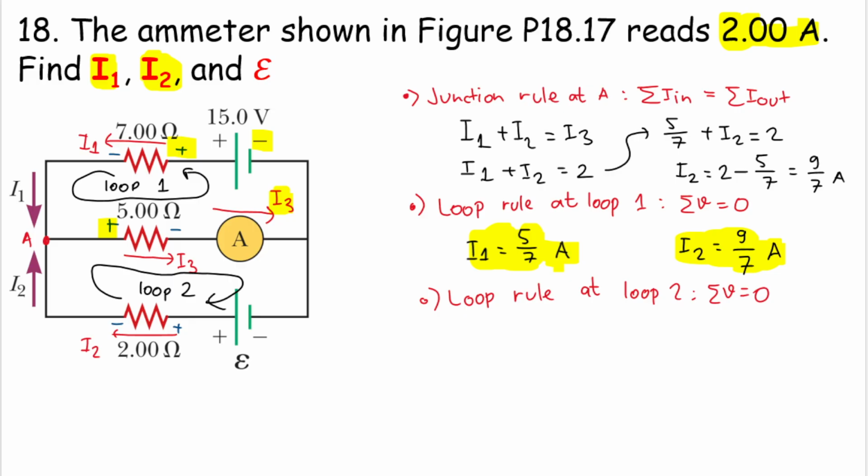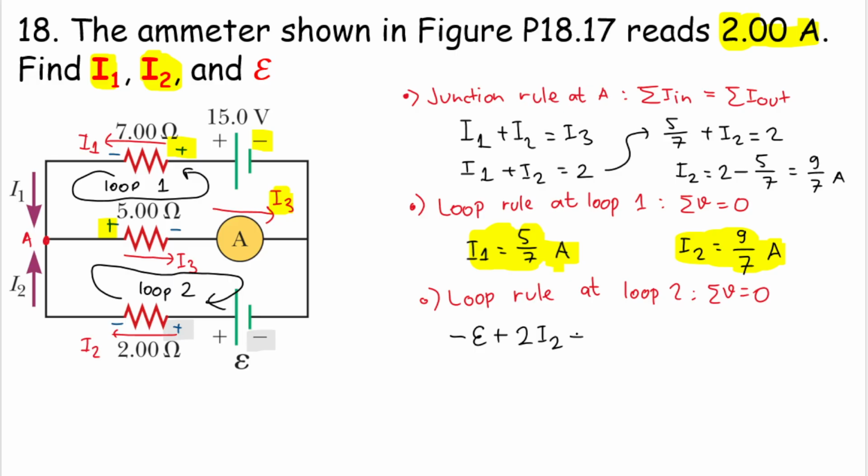And the loop here is entering from the negative terminal, so we will have a negative sign, and then the value is E. We have it unknown. And then again, we have this resistor, and the loop enters from the positive side. So we'll have a plus sign here, and the value is 2 ohm, and the current that passes through it is I2.